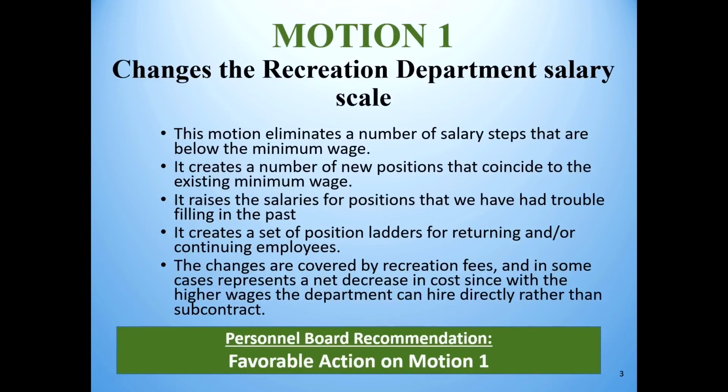Motion 1 reorganizes the salary scale in the Recreation Department. It eliminates a number of positions that were below the present minimum wage, and creates a bunch of steps at minimum wage.